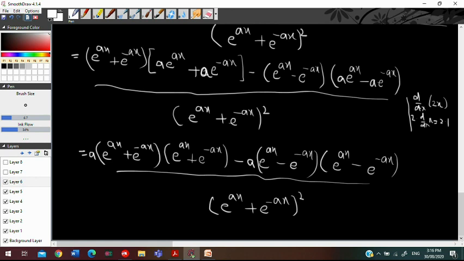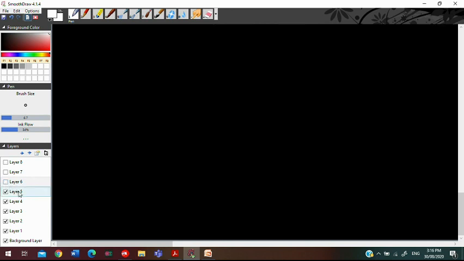Now you see that this term and this term are the same terms, and these both terms are the same terms. So in our next step, instead of multiplying these both terms, we can write this term whole square. Like this.